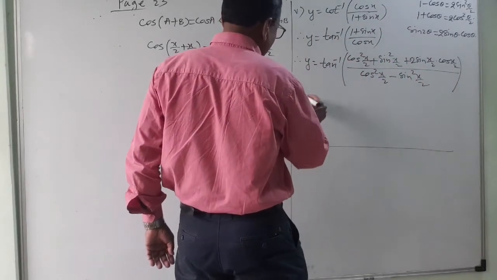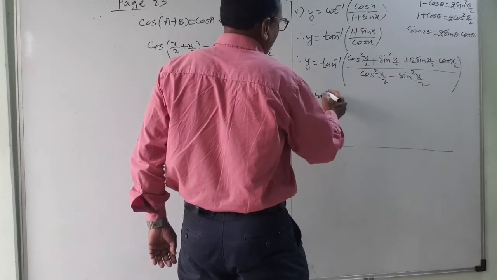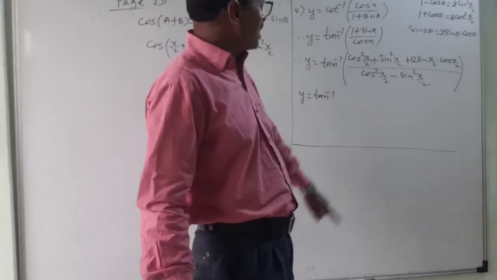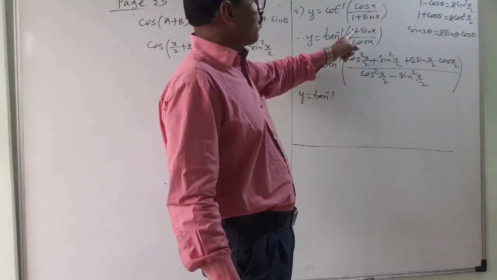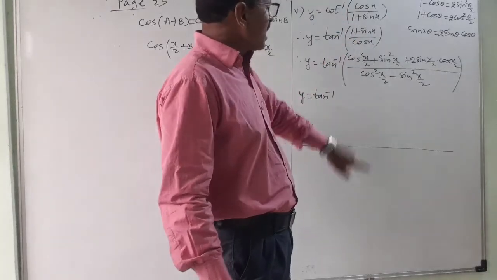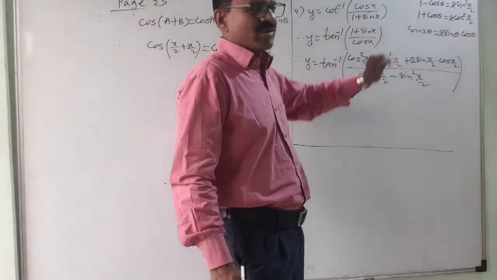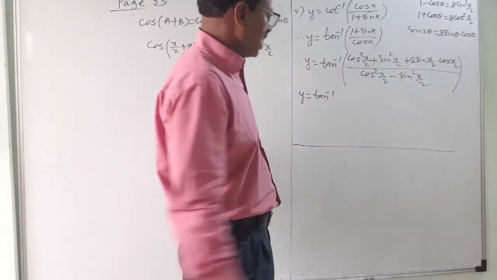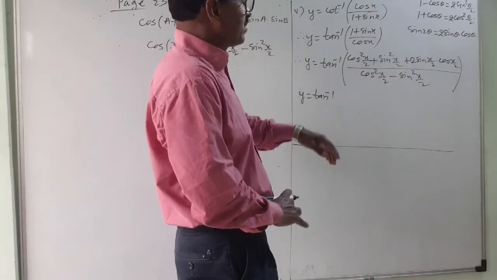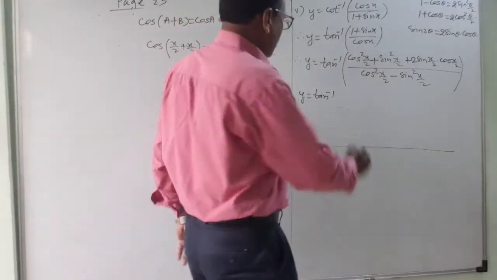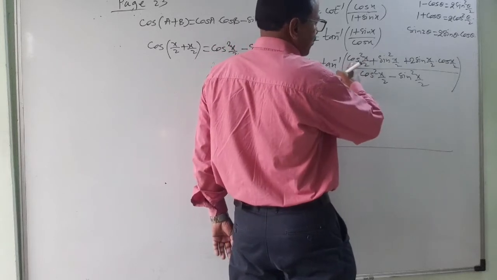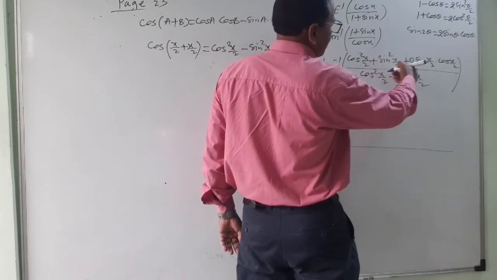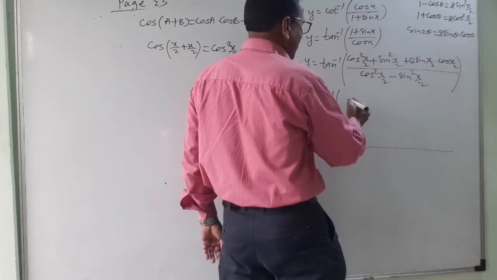So y is equal to tan inverse of, wherever you are splitting this, keep in mind, for 1 always write cos square first and then sin square. Make a habit of this now, otherwise afterwards you will get confused. So this will be a square plus b square plus 2ab, means a plus b bracket square.